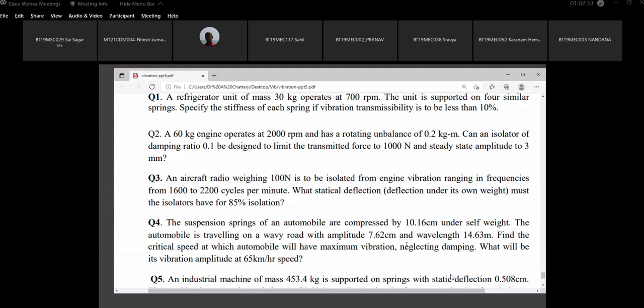So how much will be the vibration amplitude at 65 kilometer per hour speed? Sir, 20.18 centimeter.